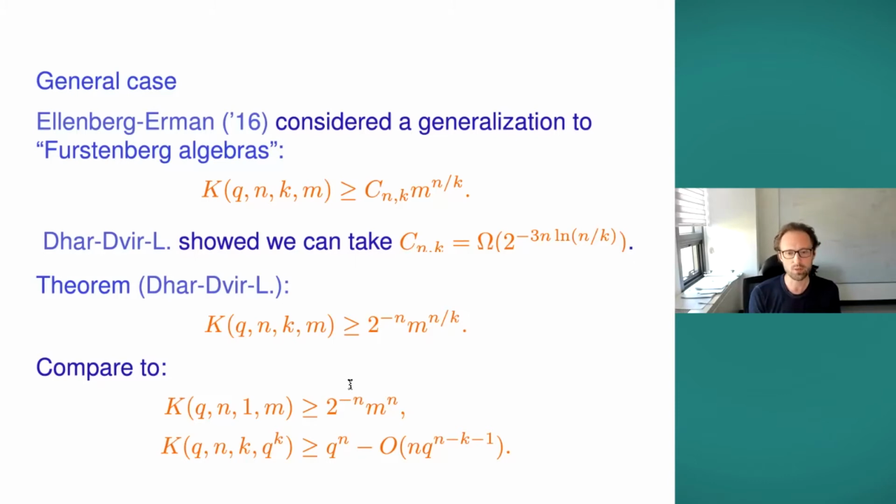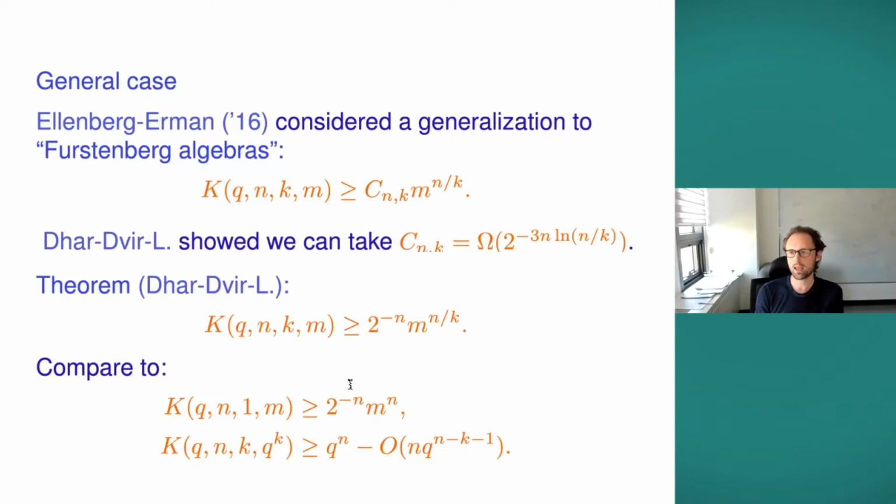But you can see that if you take k equals 1, then you can recover exactly the known lower bound for Furstenberg sets. So it's a true generalization on that end.